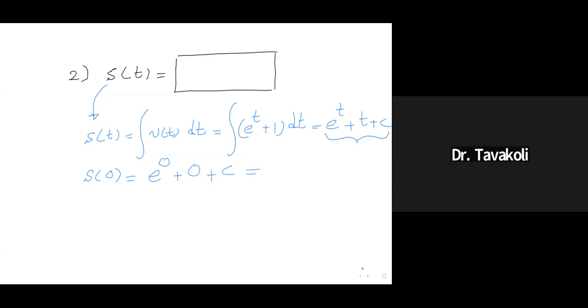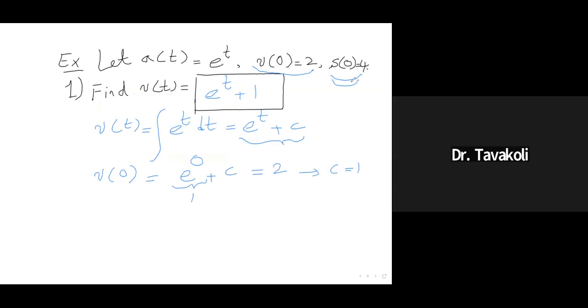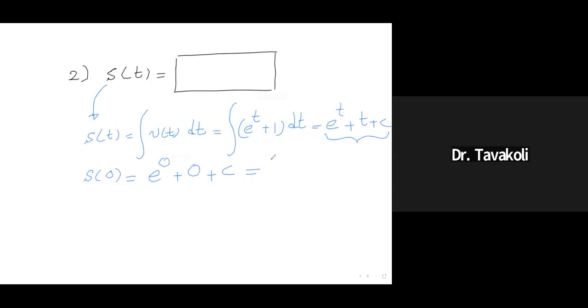As the problem gives the information, s of 0 is 4, so this equals 4. So what is c? E to the power of 0 is 1. This is 0. 1 plus c is 4, so c is 3, which tells us that e to the t plus t plus 3 is the equation of s of t.